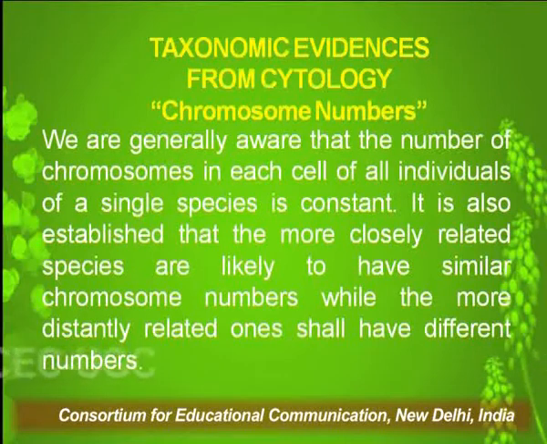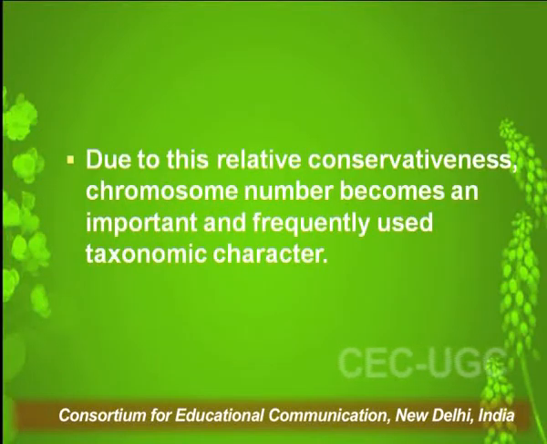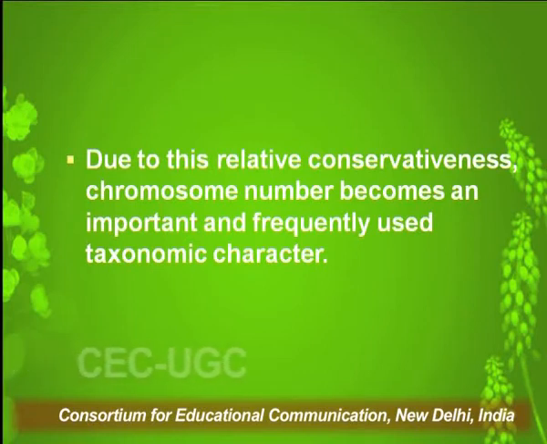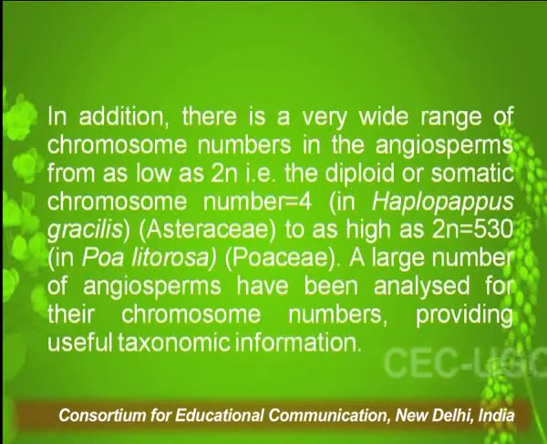It is also established that the more closely related species are likely to have similar chromosome numbers, while the more distantly related ones shall have different numbers. Due to this relative conservativeness, chromosome number becomes an important and frequently used taxonomic character.